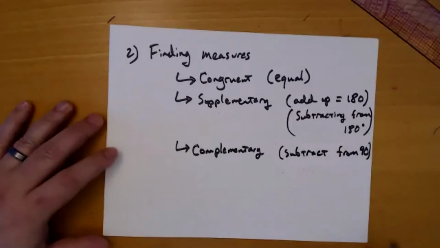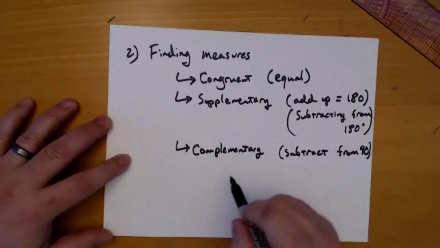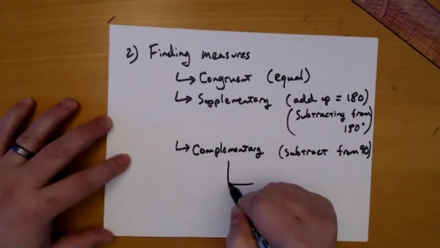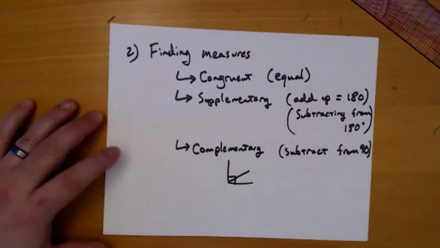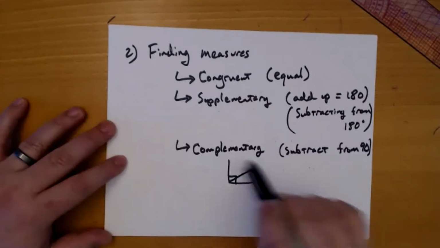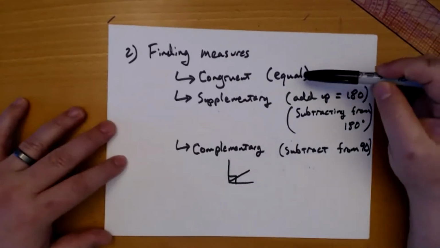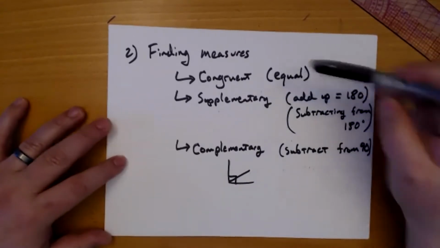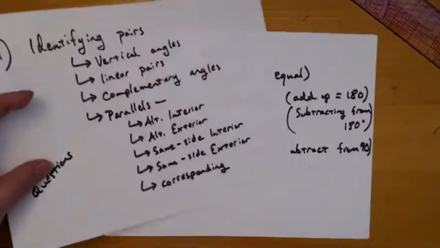The only ones that you ever see like that are when you have that kind of a picture where you've got that right angle in there. These don't pop up too often, but congruent and supplementary pop up a lot.